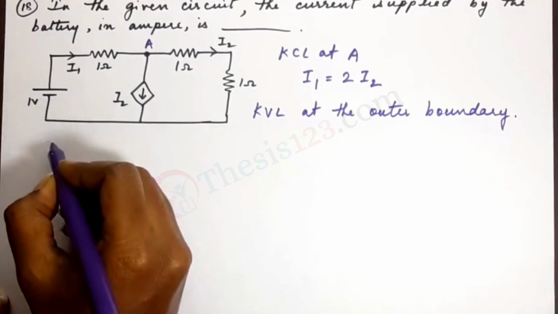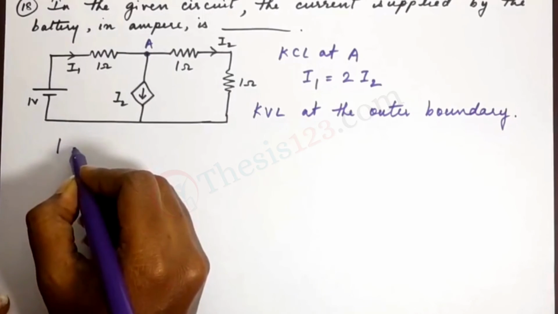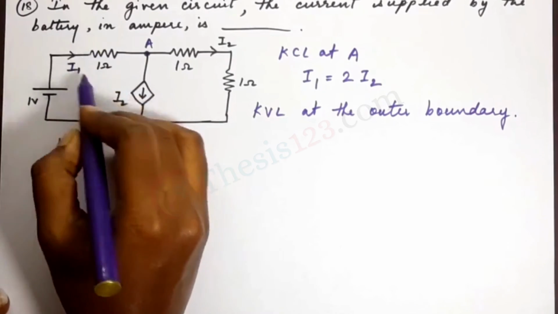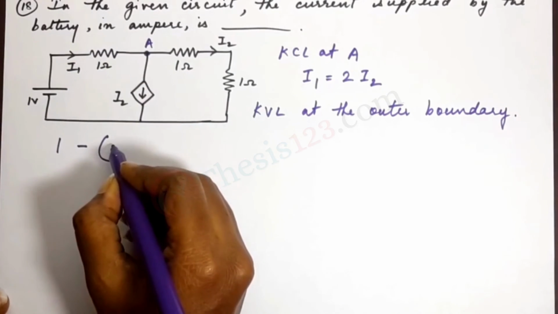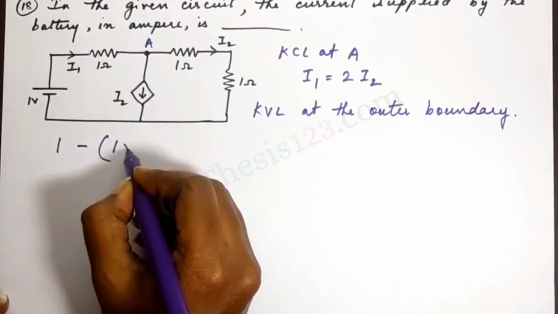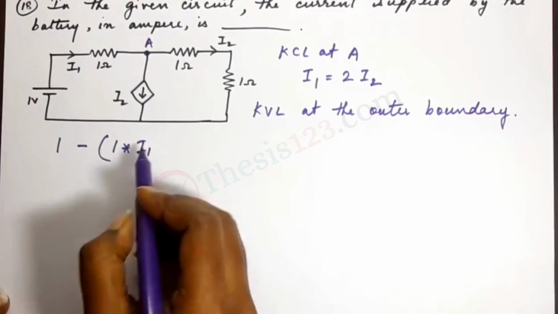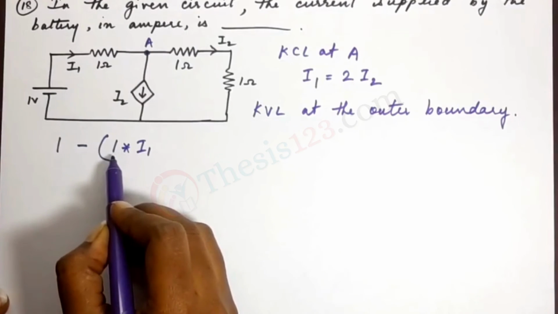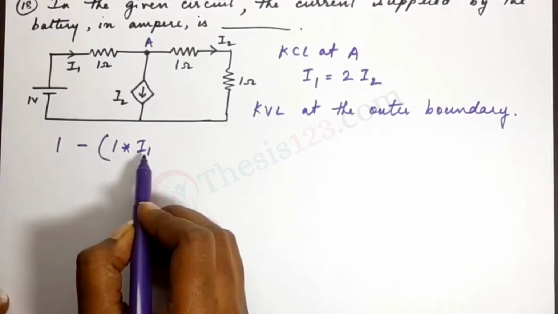We have the voltage from the battery, 1, minus the current passing through this resistor here, that's 1 into I1. Voltage is I times R, resistance, so I1 times 1.